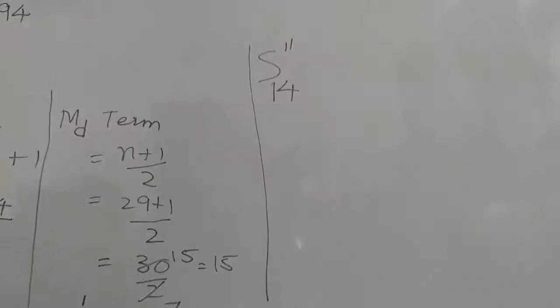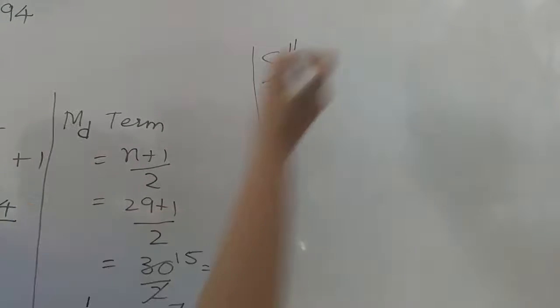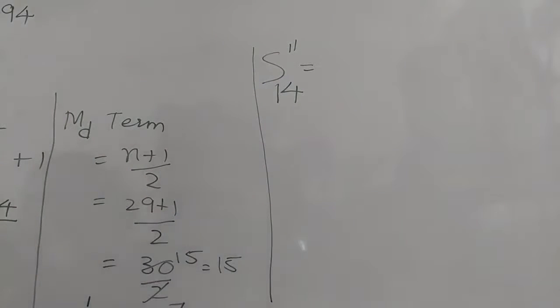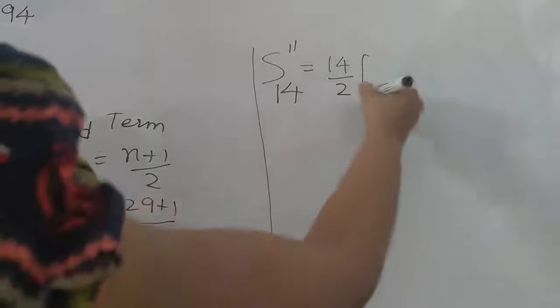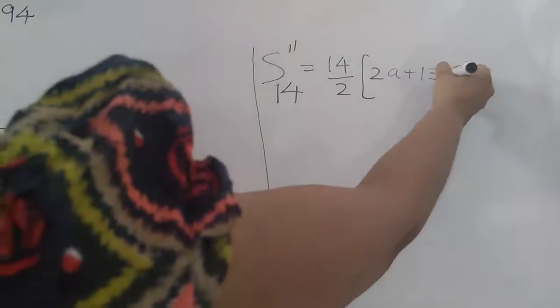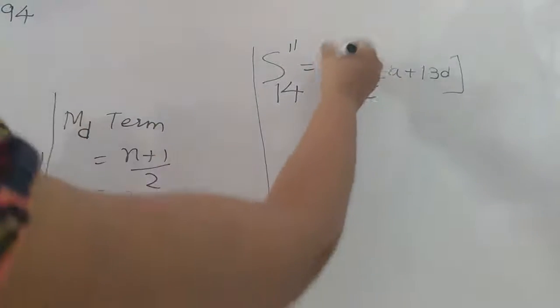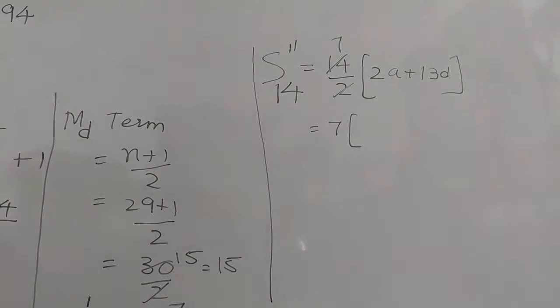Now we find S14 double dash, the sum of the terms after the 15th term. For that, the formula is n by 2 into 2a plus n minus 1 into d, that is 7 into 2a plus 13d. Now which is our a here?